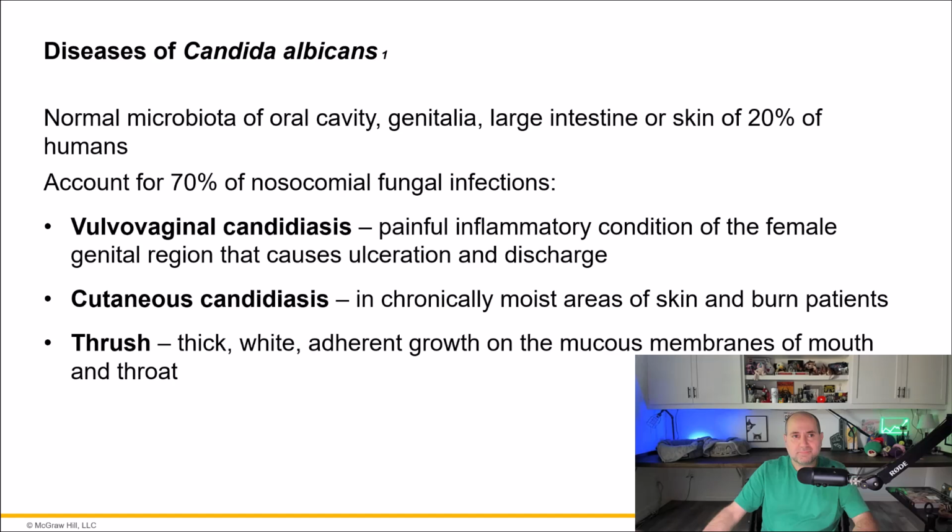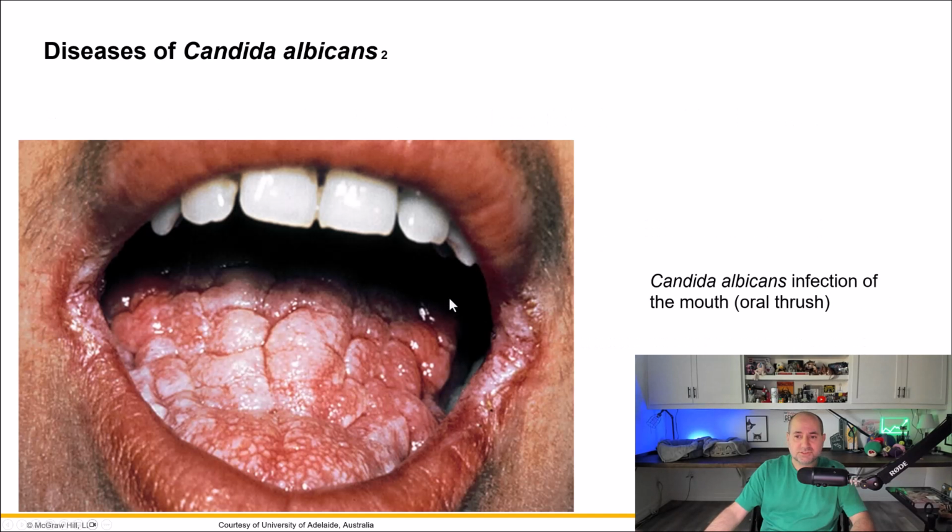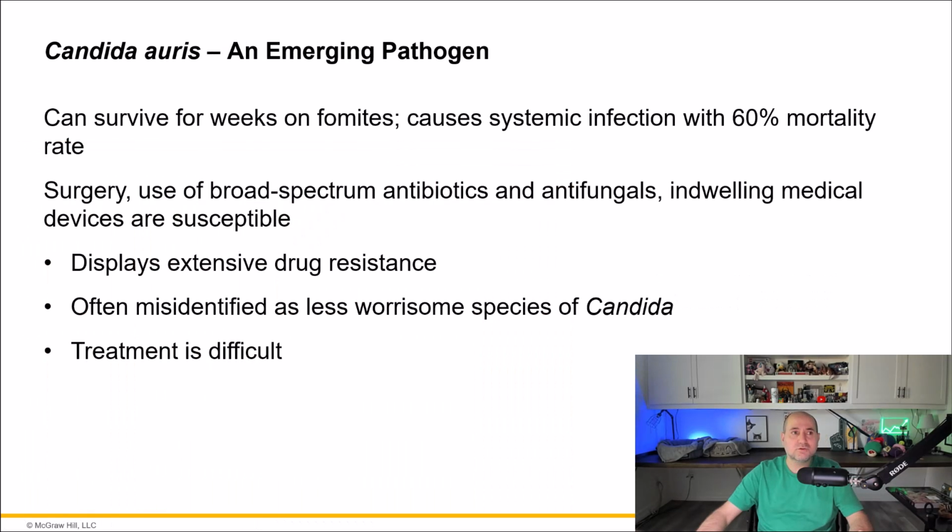And you should know that Candida albicans causes vulvovaginal candidiasis, cutaneous candidiasis, as well as thrush, which affects the tongue. Here you can see thrush, caused by Candida albicans. Remember, Candida auris was very interesting as an emerging pathogen that is highly drug resistant.